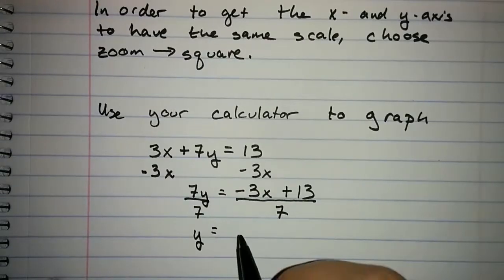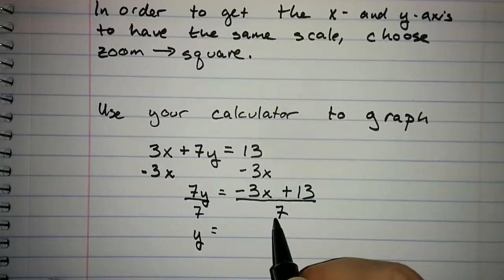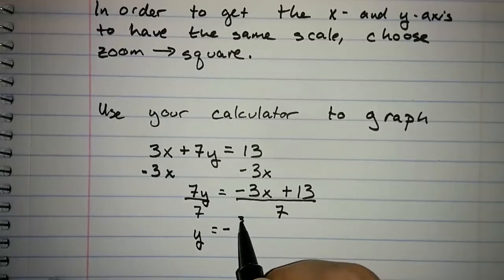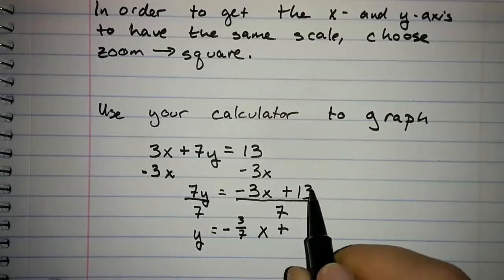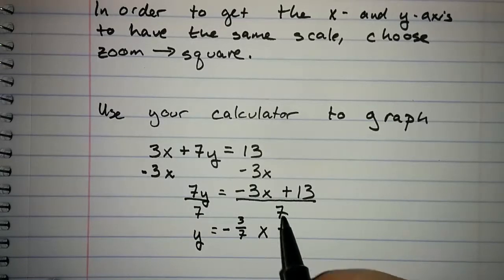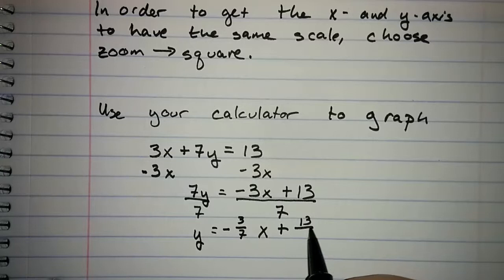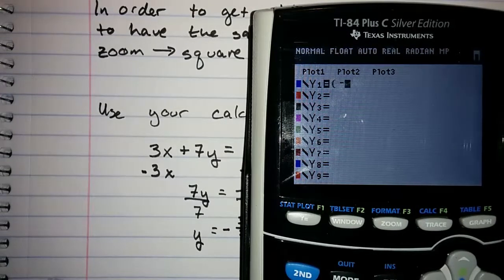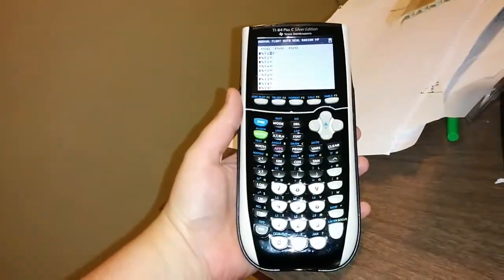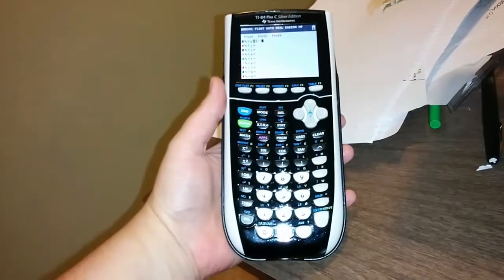We'll get y equals negative 3 over positive 7 is negative 3/7 x plus positive 13 over positive 7 is just 13/7. And in fact, we can't simplify this fraction, but even if we could, we don't have to. So now we want to enter that equation on our calculator. Now let's take a minute and look at some buttons on this calculator.